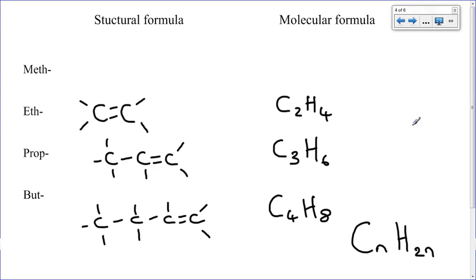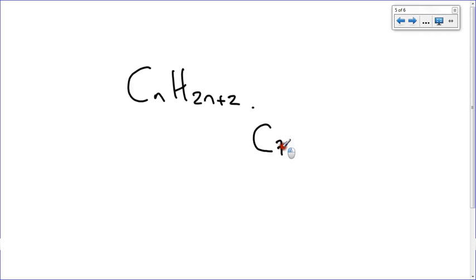So we can use these general formulas to predict the molecular formula for any alkane or any alkene. If this is the general formula for alkanes, I could ask myself, what would the molecular formula for an alkane with 7 carbon atoms be? I could work out that if it had 7 carbons, the number of hydrogens would have to be 2 times 7, which is 14, plus 2, which would be 16.